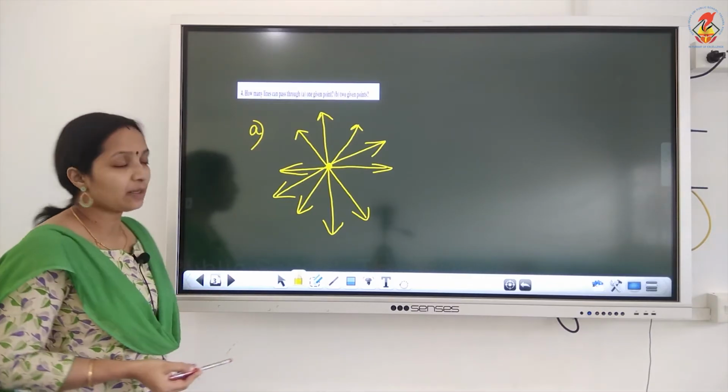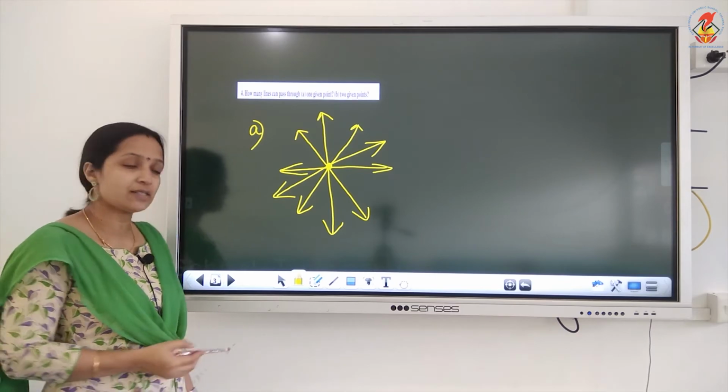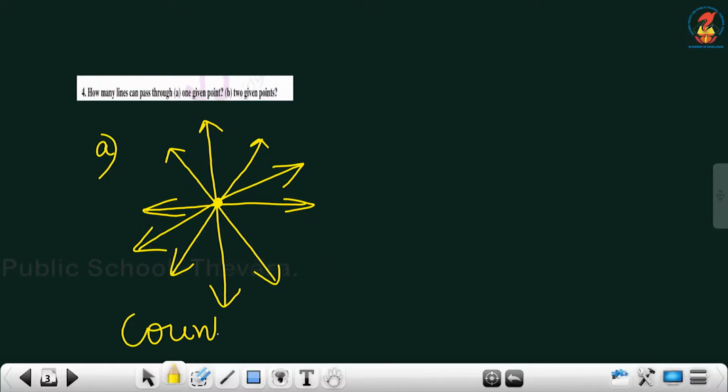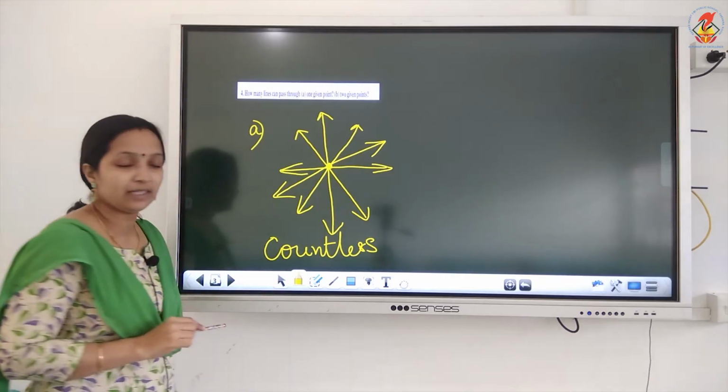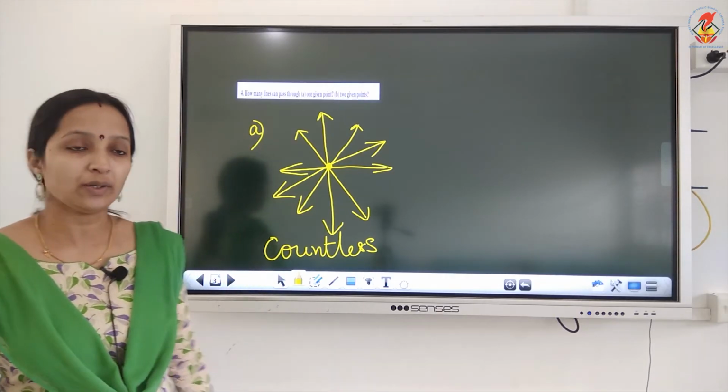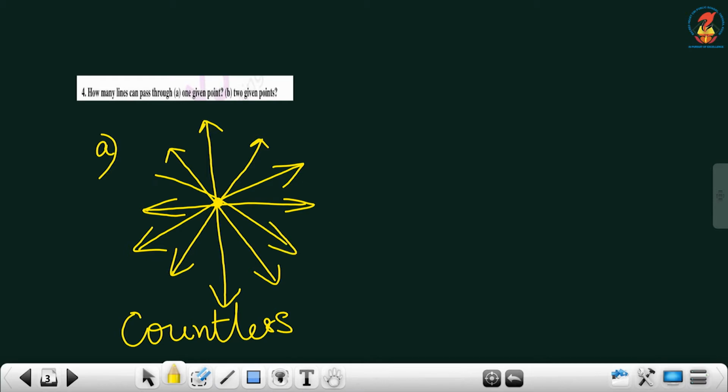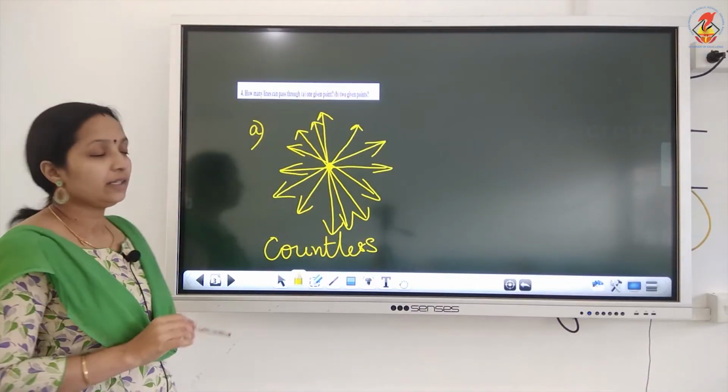So what will be the answer? Countless. We can draw infinitely many lines through a particular point. Countless number of lines you can draw through one point.